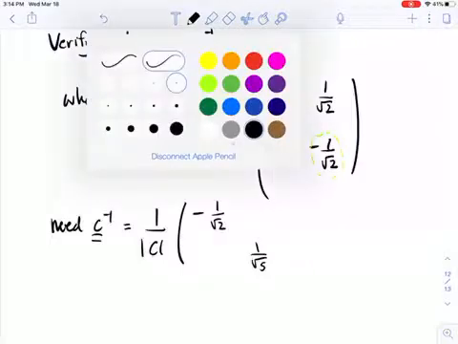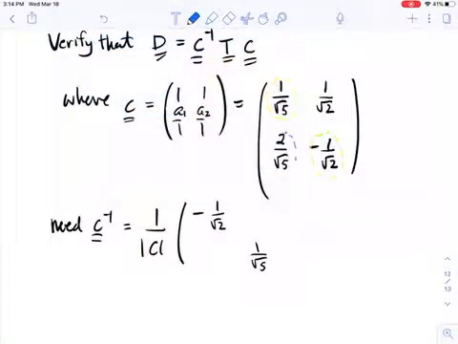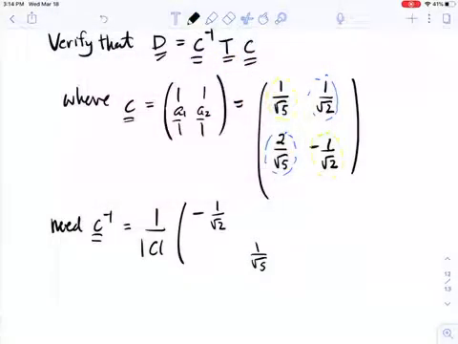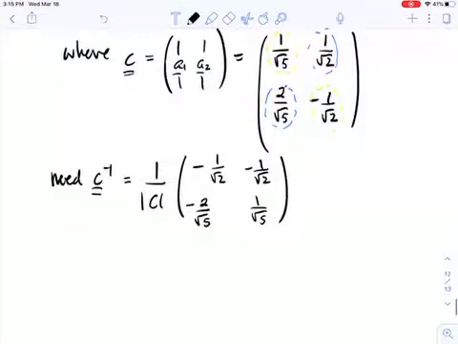And then you take the negative of the other diagonal elements, but you leave them in their original positions. You just put in a negative sign. So we get minus 1 over root 2, and we should end up with a 2 over root 5 with a minus sign. Okay, good.